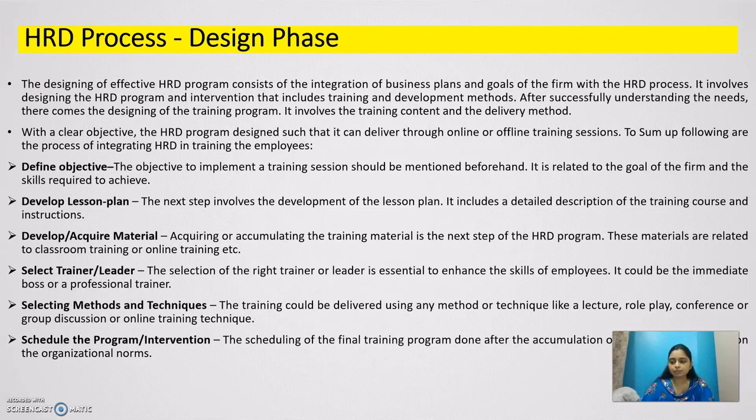It involves a process of 6 steps, which starts with define objectives. That is, the objective of training and development should be defined beforehand. That is why this training and development program is important for the organization.